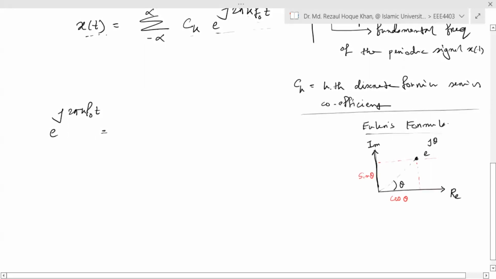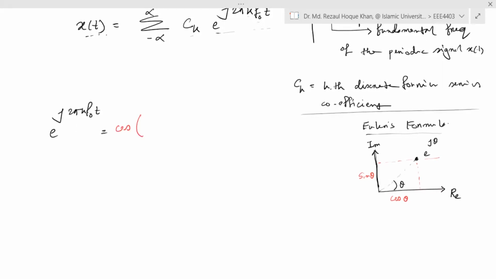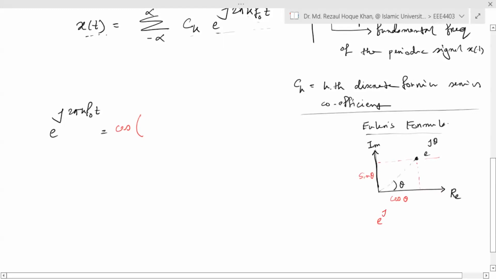So e to the power j theta is nothing but cos theta plus j sin theta. This part is imaginary, that's why this j comes.